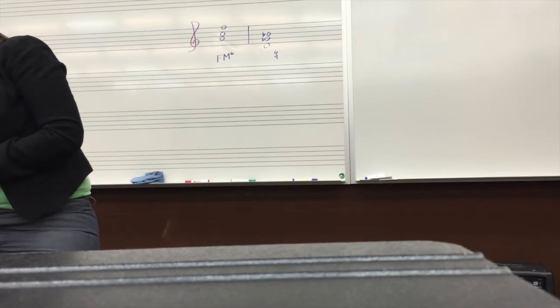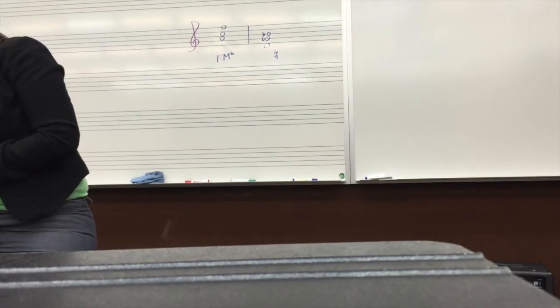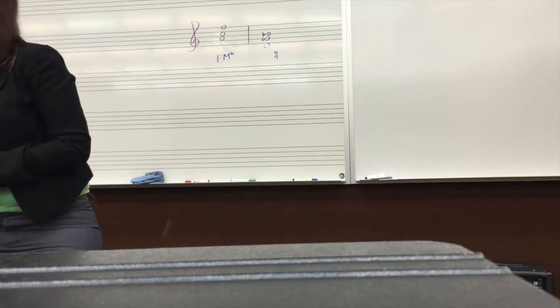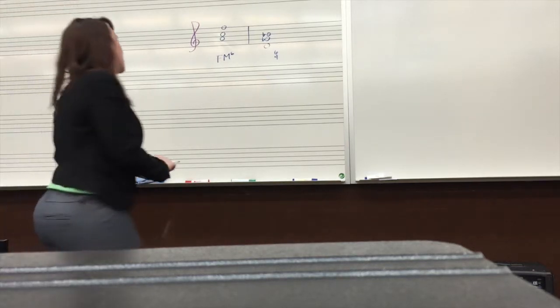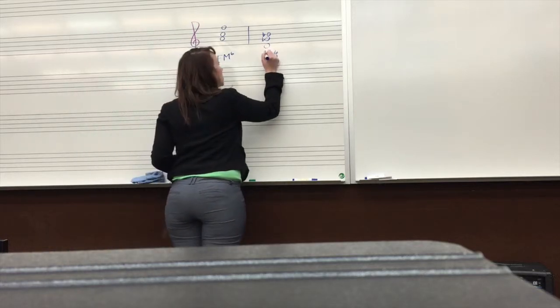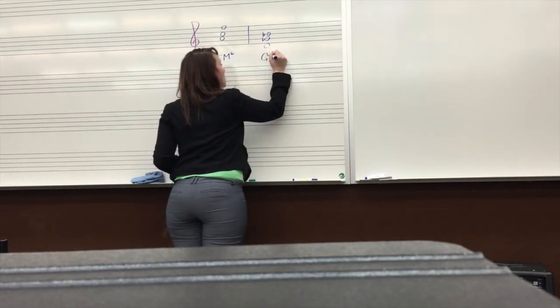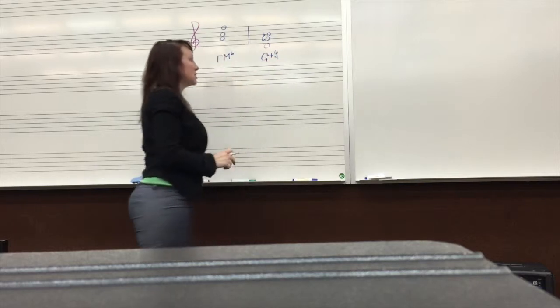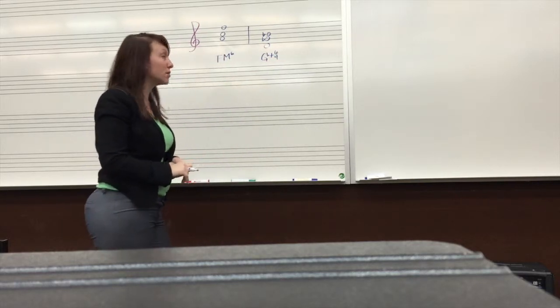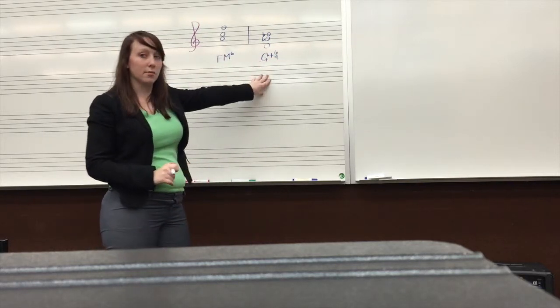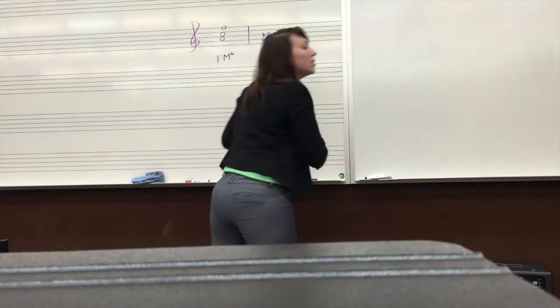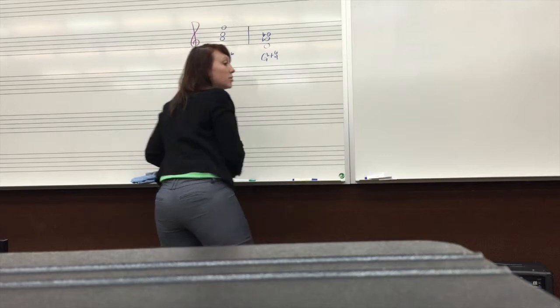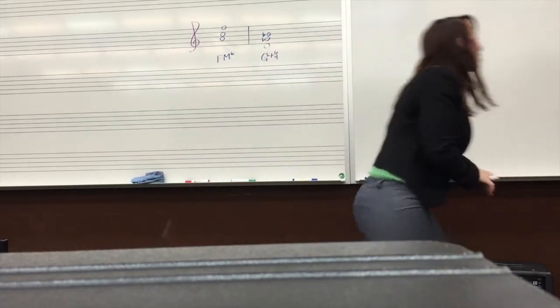G flat, B flat, and D. What quality triad is that? Augmented. Augmented. Excellent. So we would have G flat plus 6, 4. This is not a math problem. Don't get confused. The plus means augmented. We went over that earlier. What is the other one on there? We have a C sharp, an E, and an A.